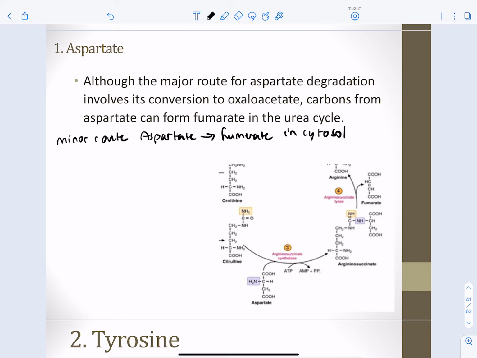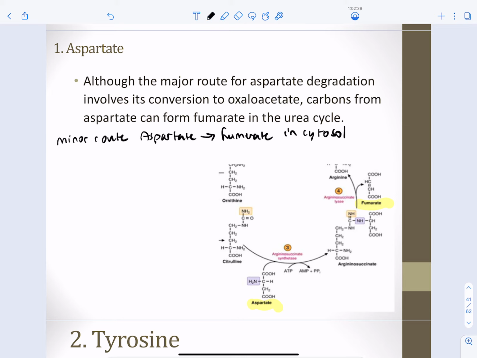Okay. And so we have our fumarate in our urea cycle shown here, and how there's our aspartate coming in to help derive fumarate.